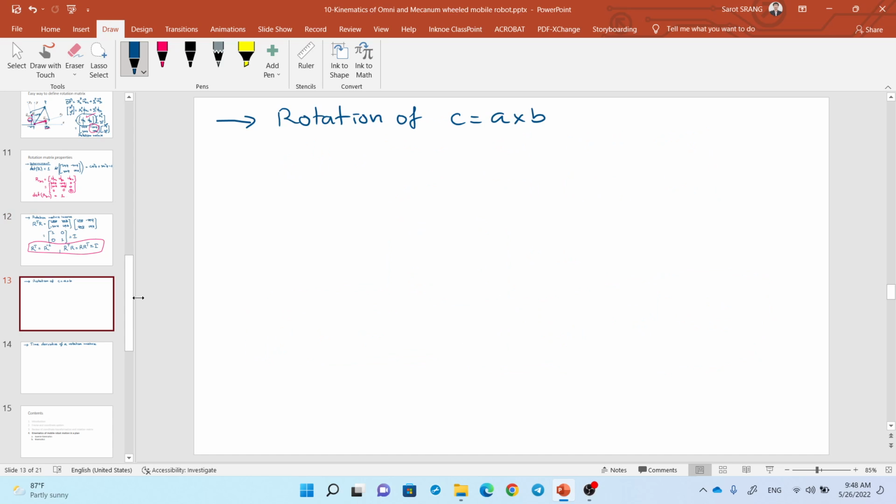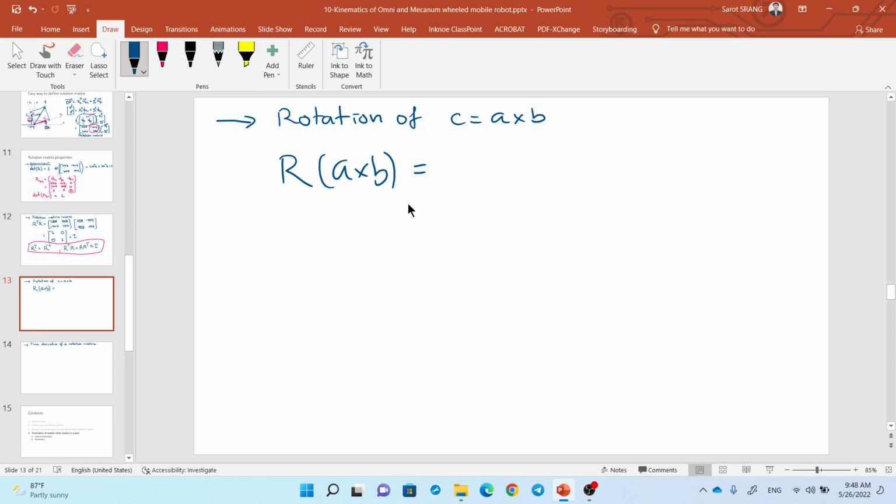And the next one, how about the rotation matrix of two vectors in a cross product? So R times A cross B. Can you give me the result of this, Lucas?